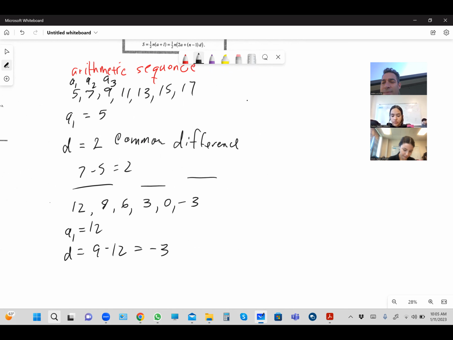All right. So now I want to develop a formula that we can use to determine any particular portion of our sequence. All right. So let's begin. Do you guys want to do this with letters? Sure.